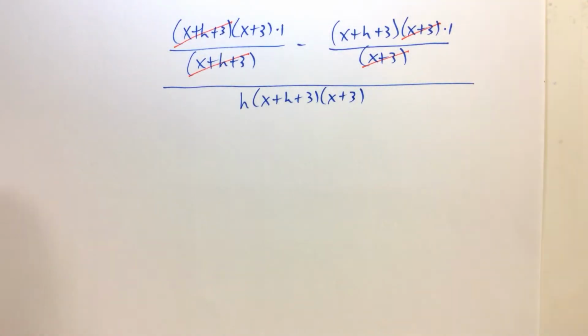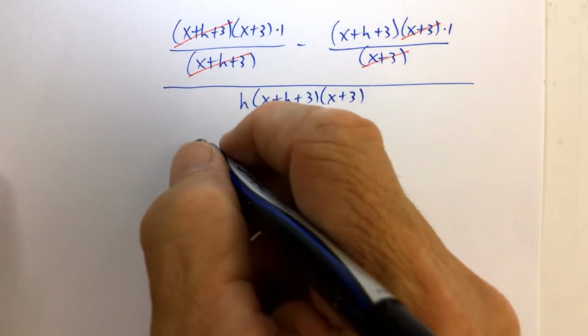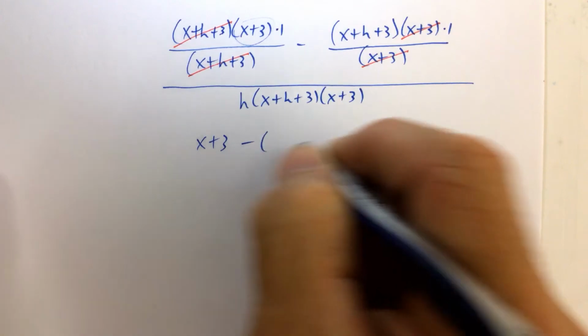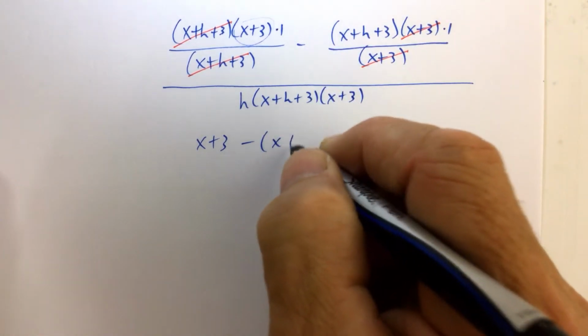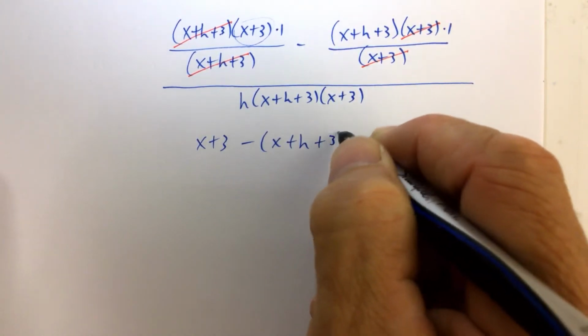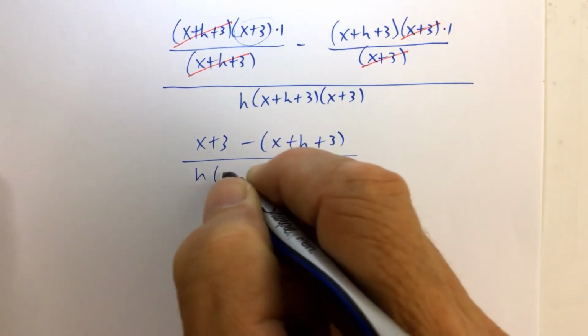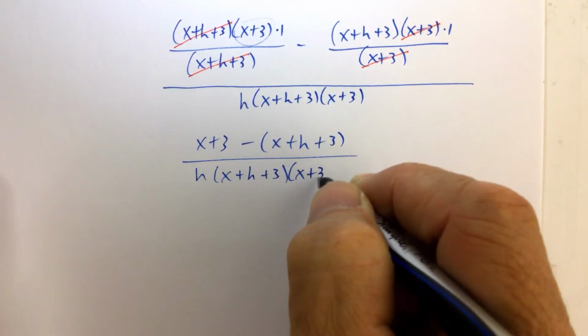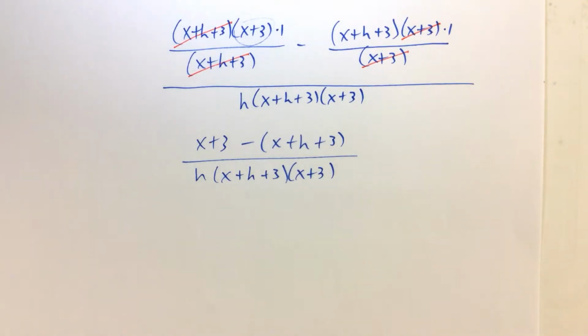Once we have that, this whole numerator just becomes x plus 3, minus, don't forget to leave the parentheses in there for now, x plus h plus 3. All over, and again, don't you dare multiply these factors out, because something's going to cancel here in a minute.